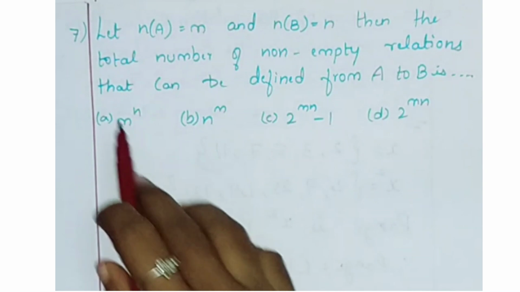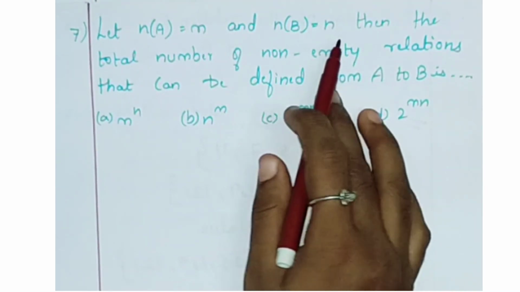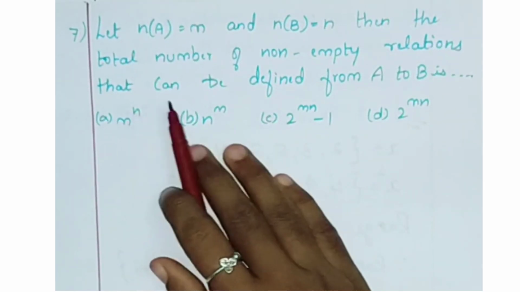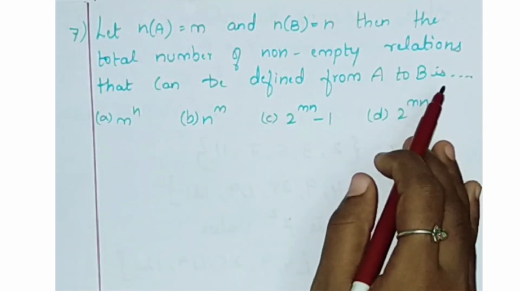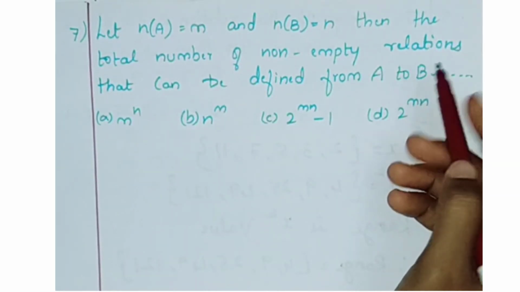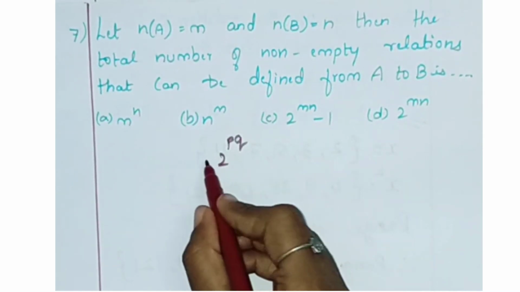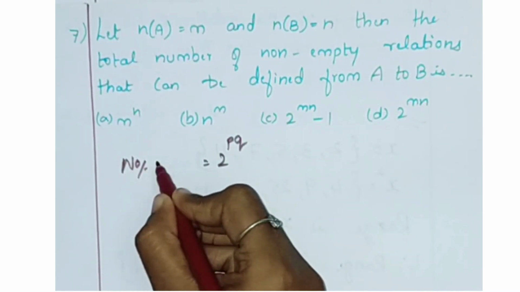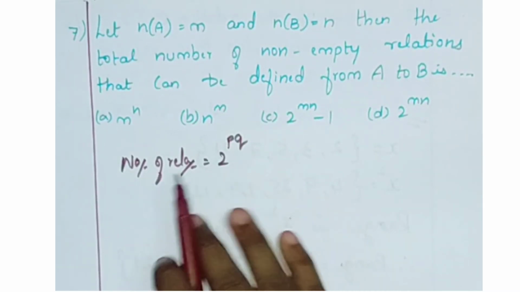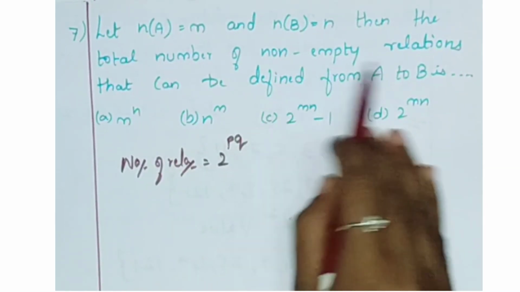Seventh question. Let n(A) be equal to m and n(B) be equal to n. Then the total number of non-empty relations that can be defined from A to B is... See, we know the number of relations formula is 2^(pq) between A and B. Now they have said the number of non-empty relations.